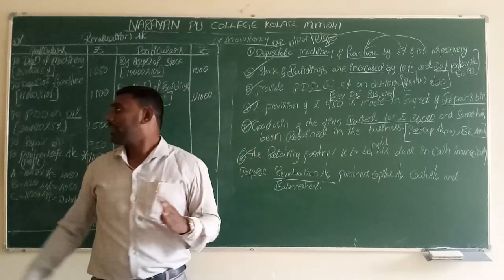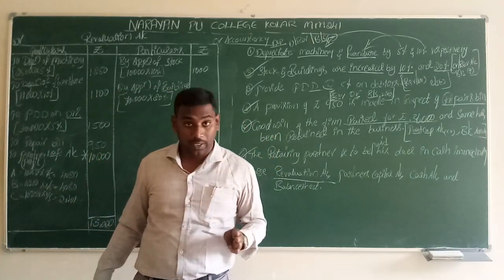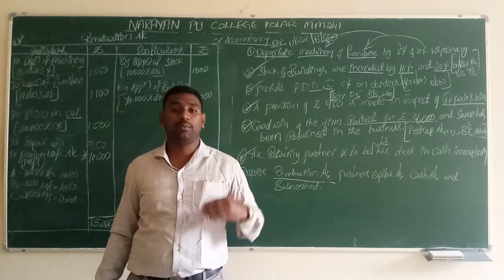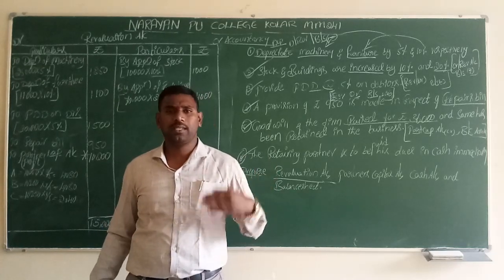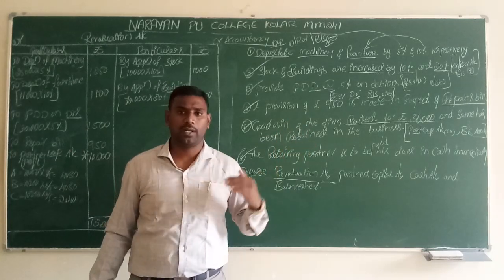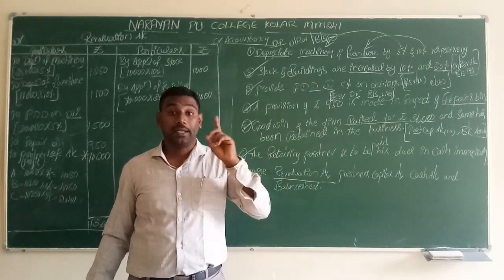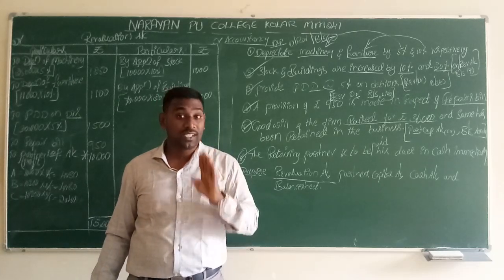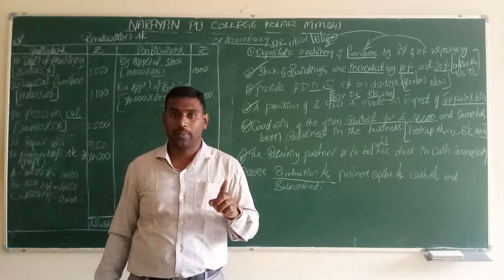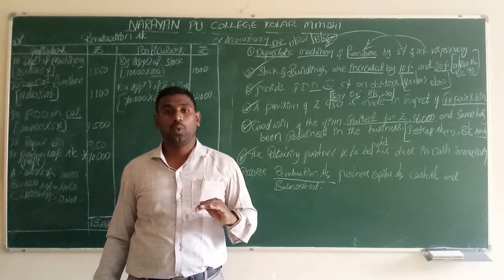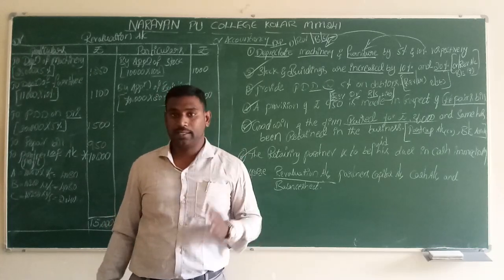Step number 4, the difference in the revaluation account, that is profit, which may be loss, the debit side balance or credit side balance, we have to transfer to the partners' capital account. Later we have to close the retiring partner's capital account first, and later close the remaining partners' capital account.